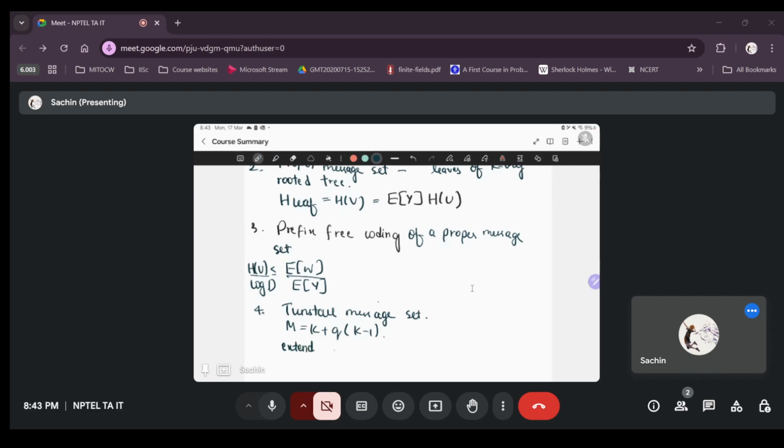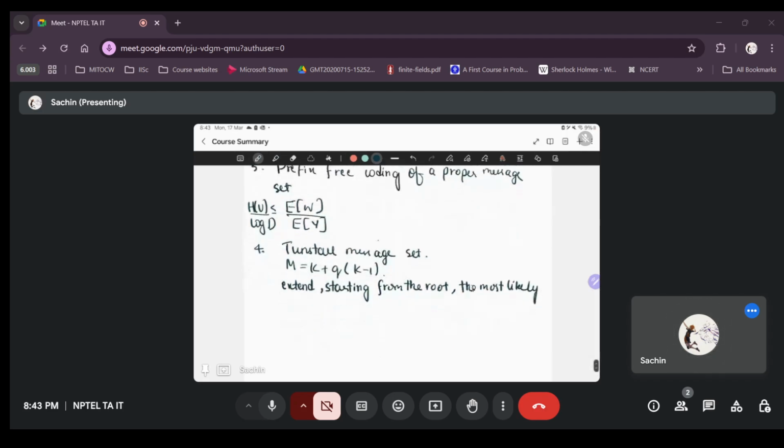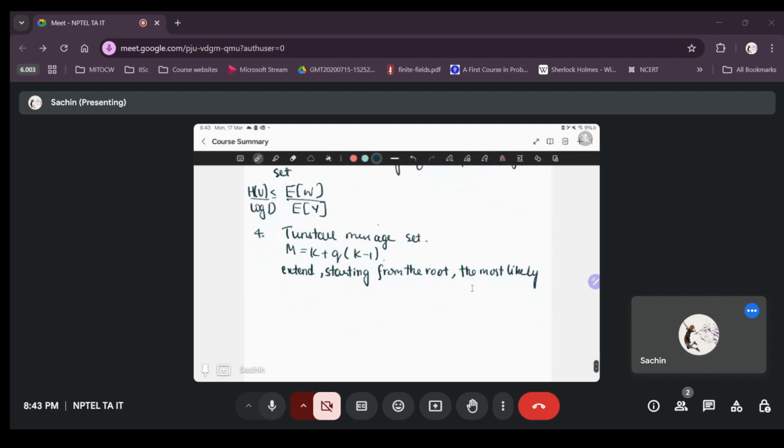Starting from the root, extend the most likely leaf q times. So this Tunstall message set maximizes the average message length E of Y.